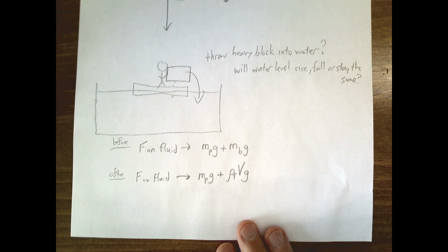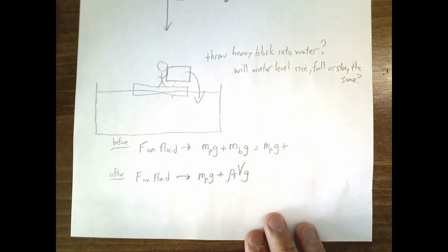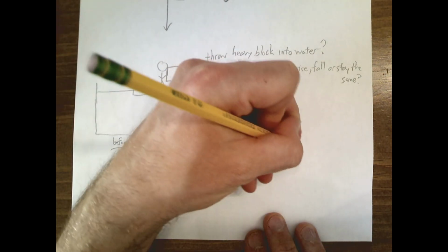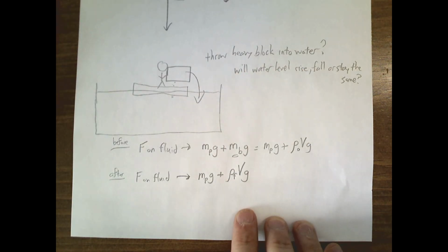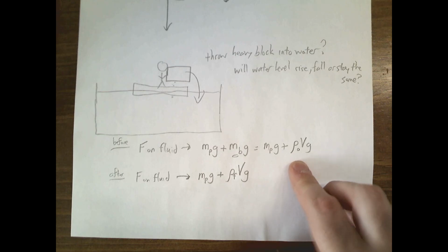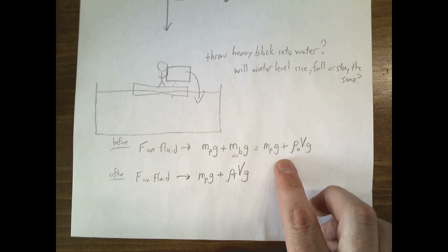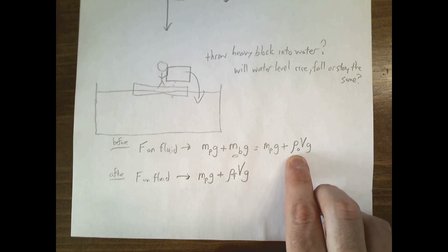Now, if we do the mass substitution in the before situation, we can replace this with mass of the object, Vg, which, if we're assuming that we have something like concrete or marble or lead, something really, really dense, while the block is out of the water, it's actually exerting a force on the fluid based on its mass, on its greater density.